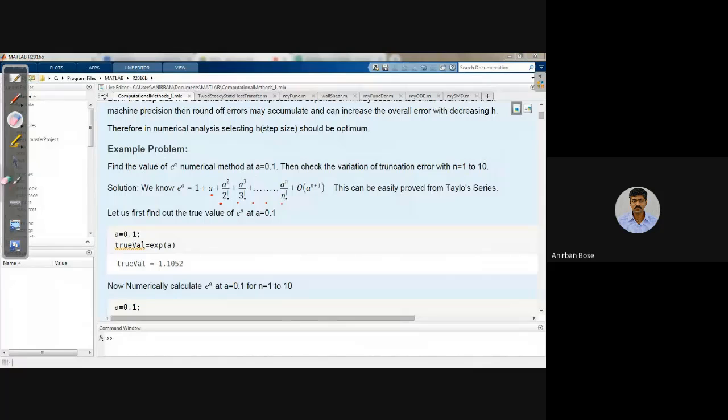Then make a variable true val, and within true val we just pass exp of a. Now you can see that true val will contain the actual value of exp of a. Now we will see the truncation error. The truncation error can only be calculated by comparing the true val with the numerical value that we are going to compute now.